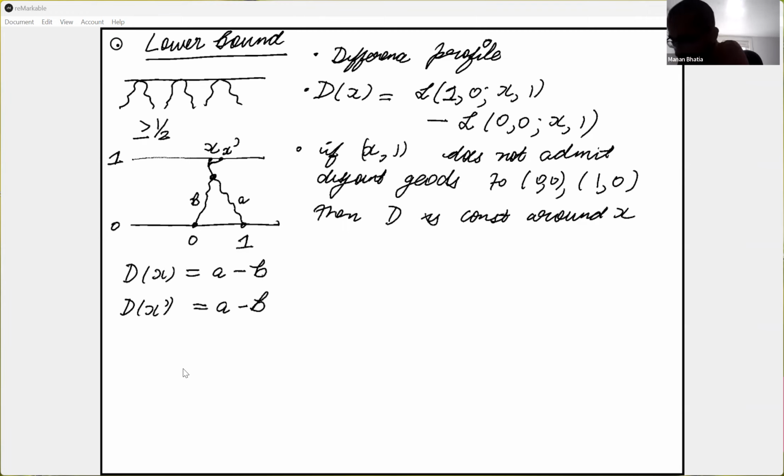But you can actually show that d of x is not globally constant. That's something which is not difficult to show. Right. So what does this tell us? We also know that d is locally Holder 1/2 minus, because I told you that the directed landscape itself is Holder 1/2 minus in space, and I'm just subtracting two landscape values.